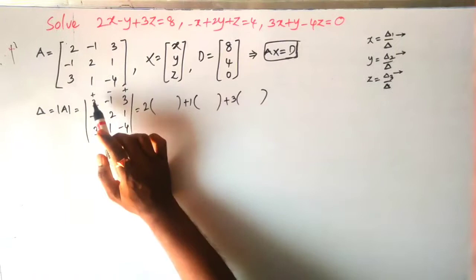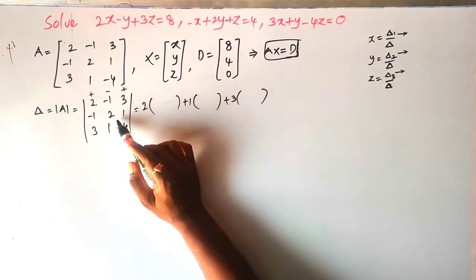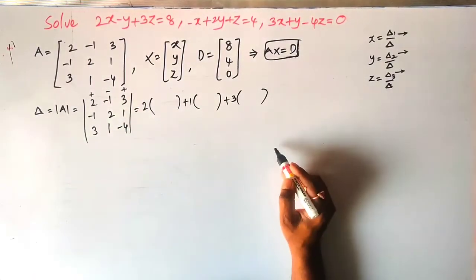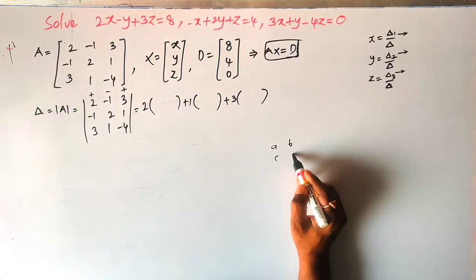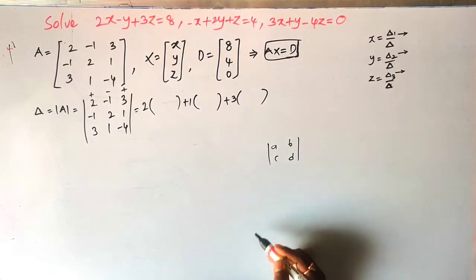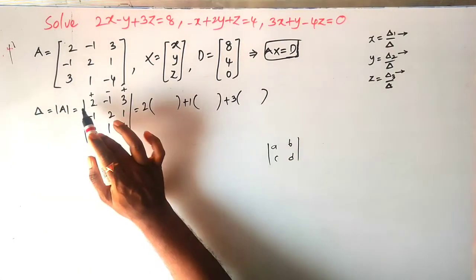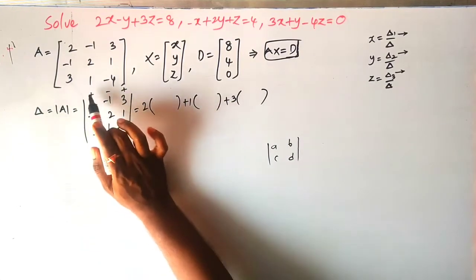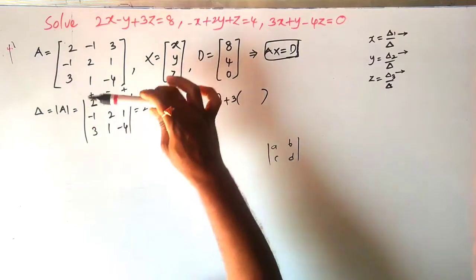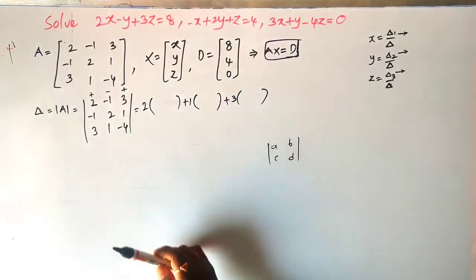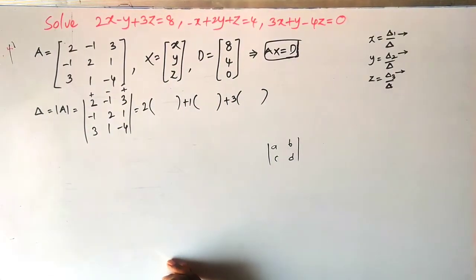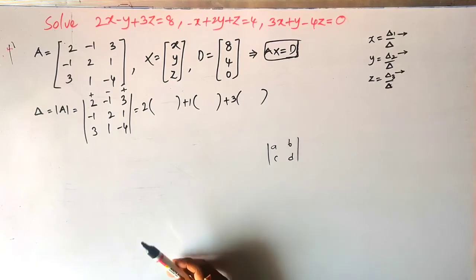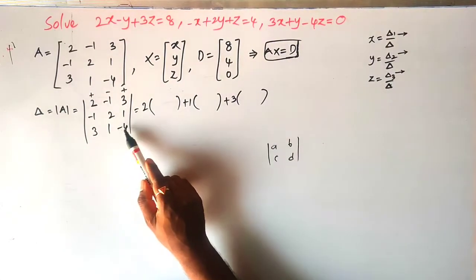2 is in first row and first column. So what do we get here? Minus 2 into AD minus BC, with A, B, C, D from the remaining elements, except the row and column of this element. We get 2, 1, 1, -4.